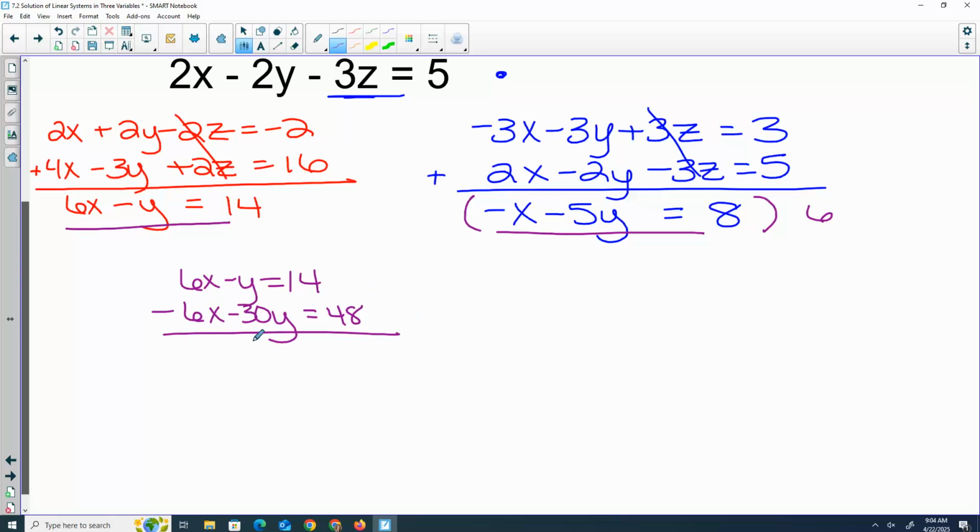When I add those together, the positive and negative 6x cancel. 31y equals 62. So divide by negative 31, and y is negative 2.